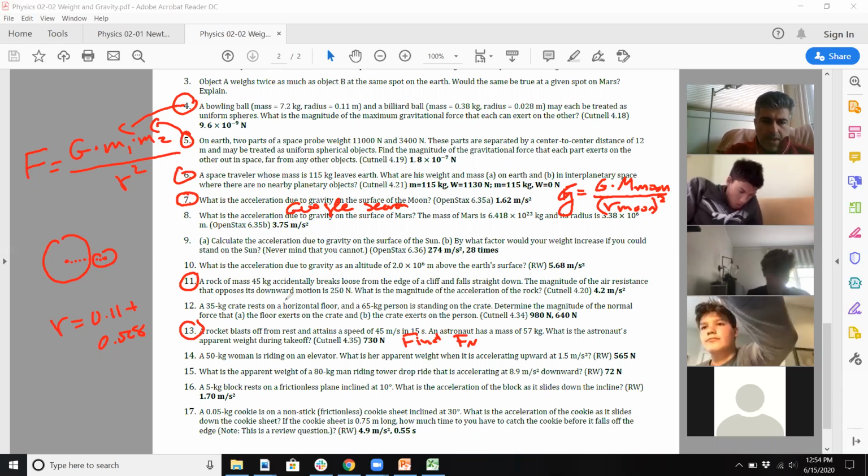For 11, draw a diagram. I might hop in the rooms and help you with 13. That might be a good idea. 11, mass 45 breaks loose from edge of a cliff. Falls straight down, magnitude of air resistance.